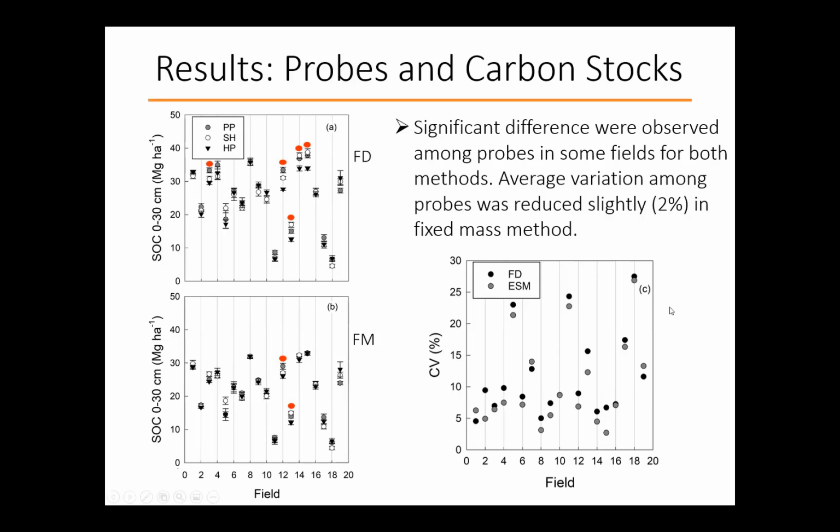And that is an average, but it depends on the field. Some fields had a very small reduction and some fields had a large reduction in the variation among the probes, and even in 3 fields, fixed mass had higher variation. So the method tends to work, but more investigation is required.